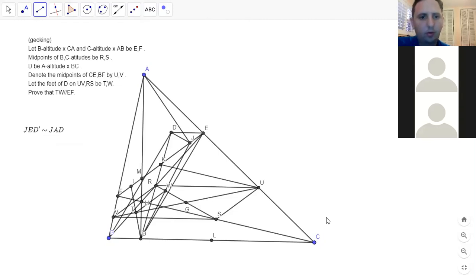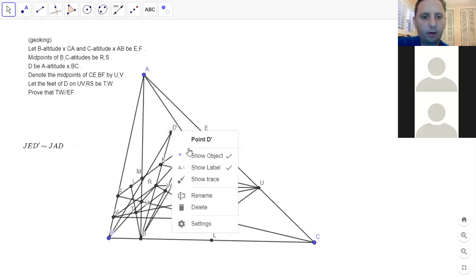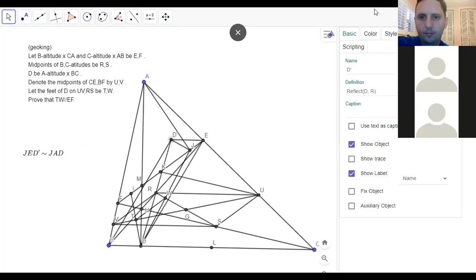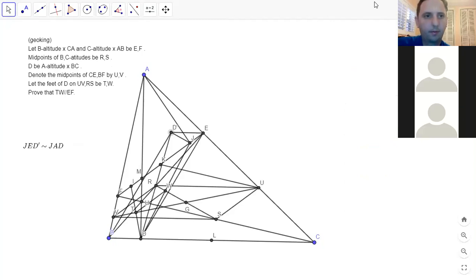All right, I'm going to write this out step by step. Let D prime be the reflection of D over R.